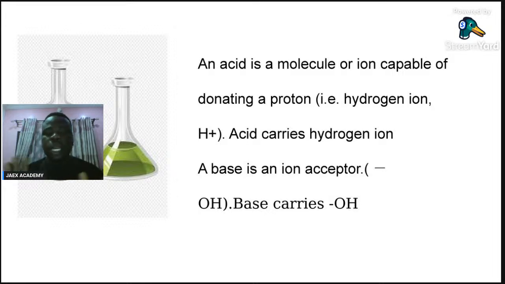Whenever you see H+, you know that that is definitely an acid. What about a base? A base is an ion acceptor. That is to say, a base at all times carries OH.